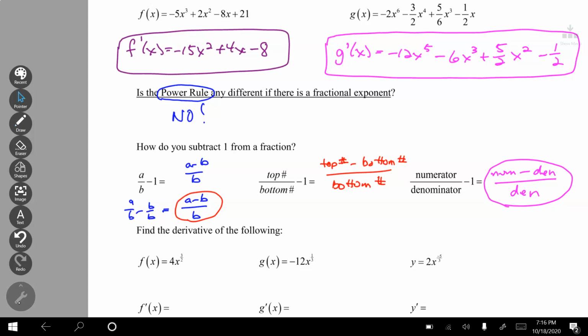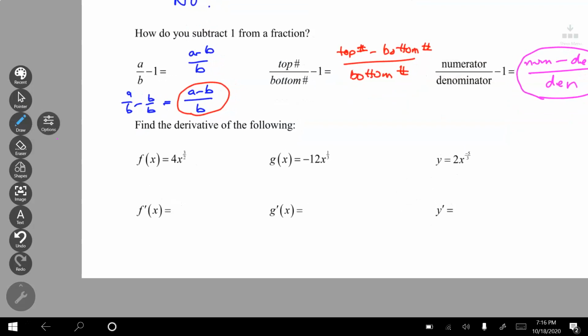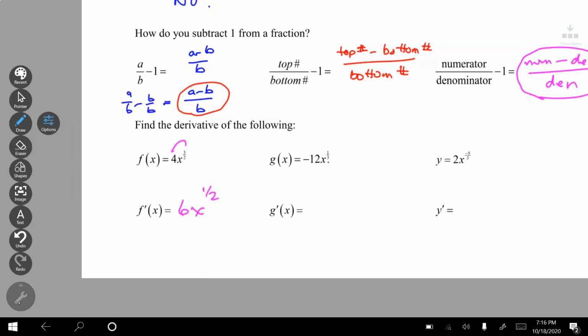So if we go through and do some examples here, again, I'm going to multiply this times this. Yes, I know it's 12 over 2, but it's really 6x. Top minus bottom is 1, and the denominator is still 2. 6 times x to the 1/2. Next example. Negative 12 times 1/3 is negative 4. Top number minus bottom number is x to the negative 2/3.